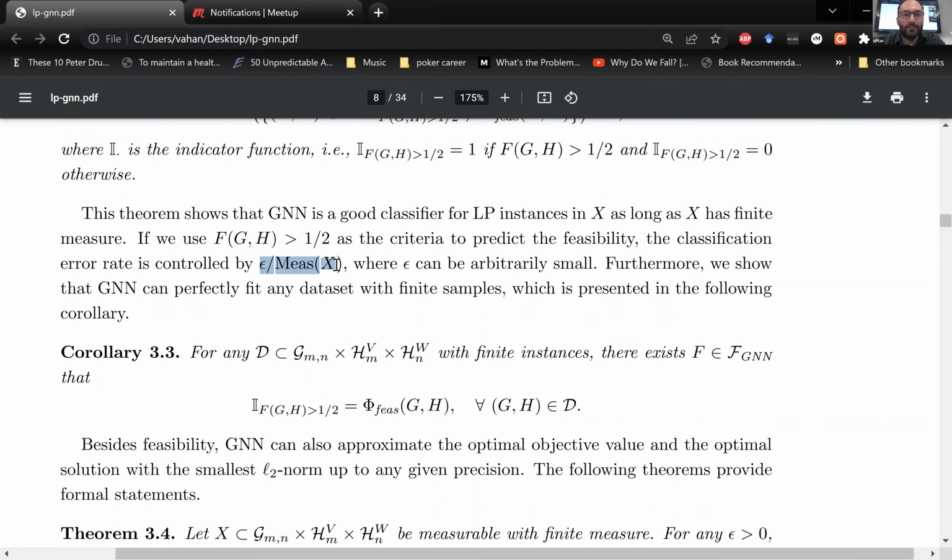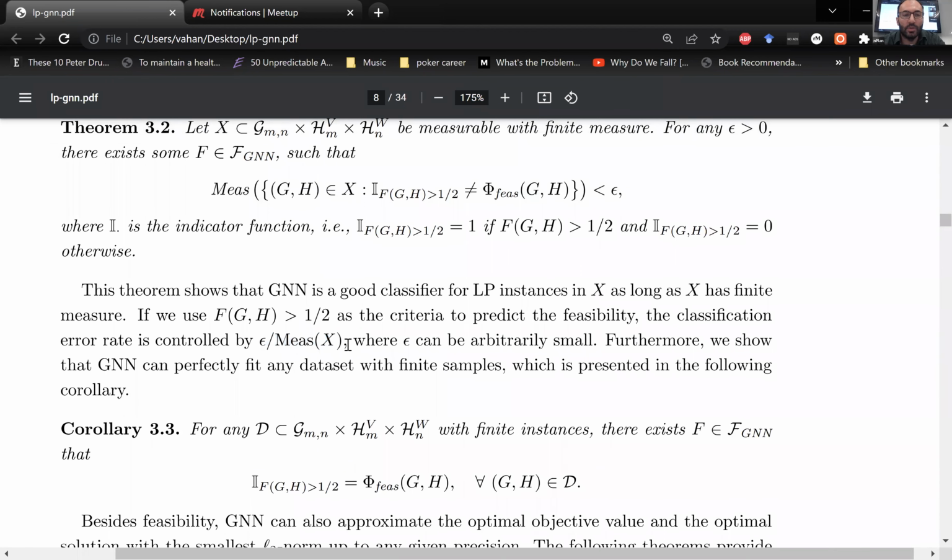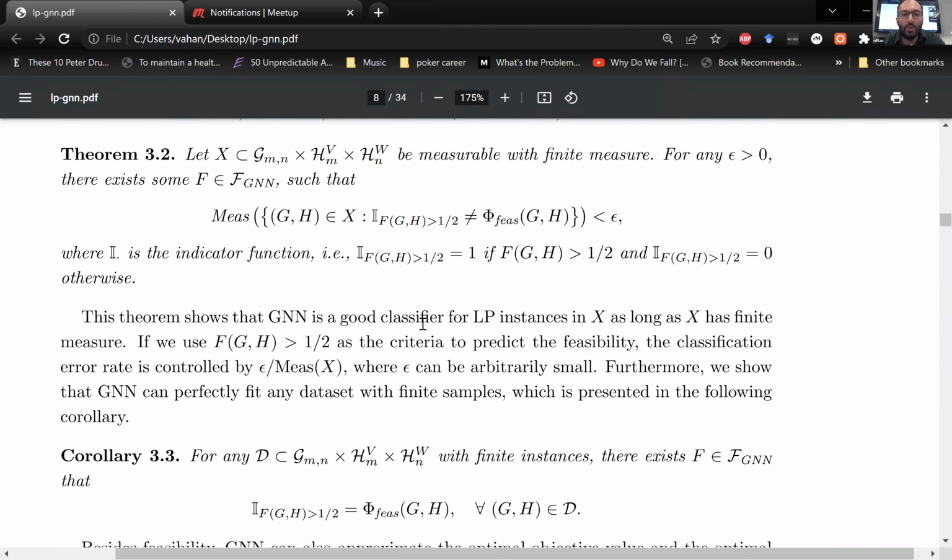So you need to define a measure on the graph space. Here they define that measure, saying, well, for the linear parts it's the Lebesgue measure, simple, right? On a line, it's the length. On a two-dimensional space, it's the area. 3D is the volume, and so on. So it's bounded. You can have a meaningful measure.